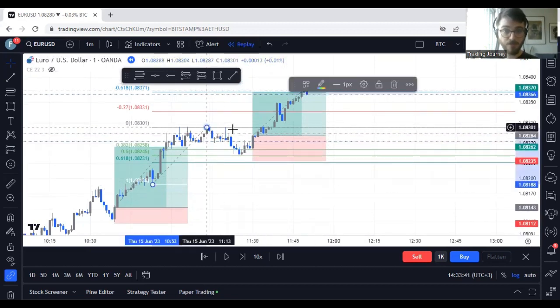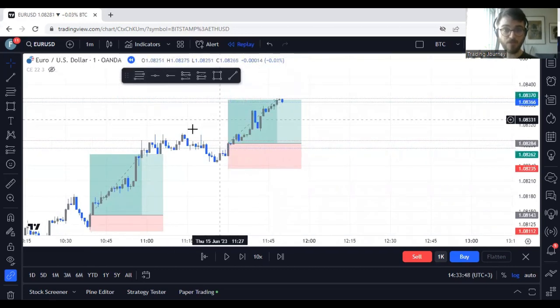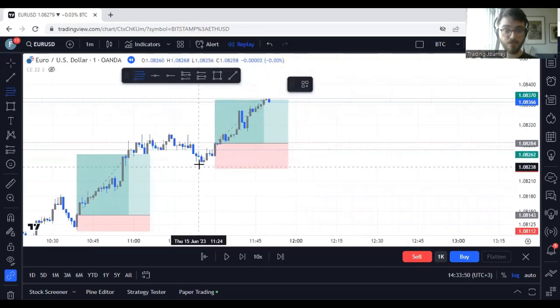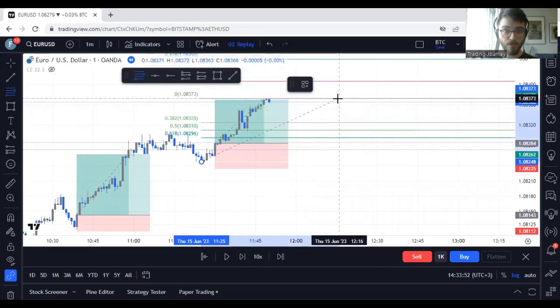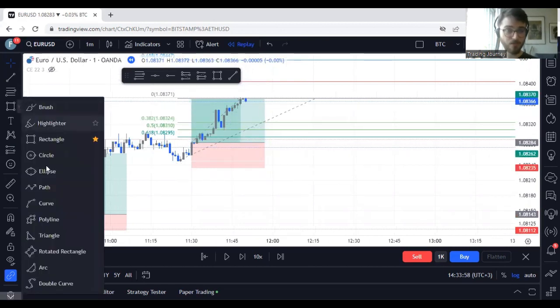So that's for the uptrend. Another thing that's interesting to remember is that when you see that the price starts to drop below your extension, your 0.61, then it's very likely that there is something wrong with the price and that it's going to go down.